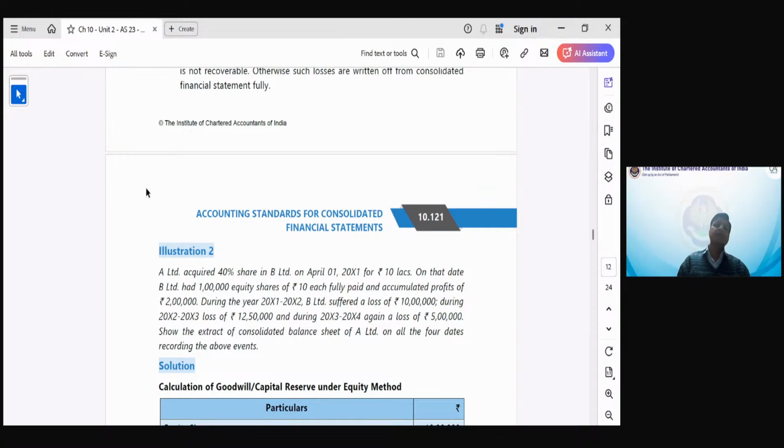Hardik has also shown the presentation. Okay, Pranav has got the same answer now. Dilip has got the same answer. Okay. So let's get on to this calculation, plus also the presentation in respect of the consolidated balance sheet.